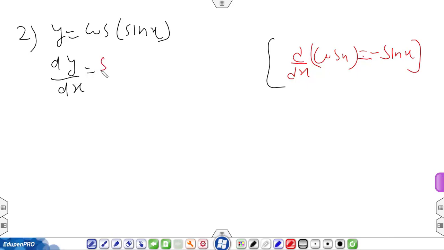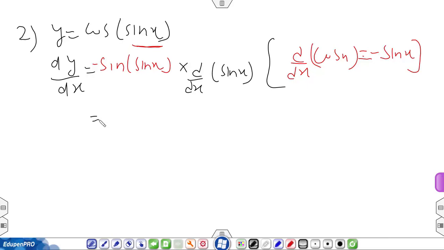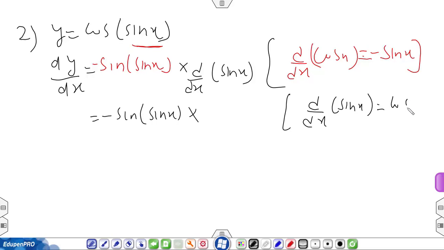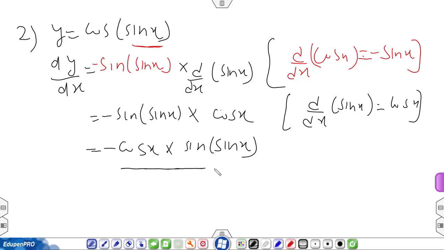Cos x becomes minus sin of sin x, into the derivative of the bracket. And what is written? Sin x. Again we know the derivative of sin x is cos x, so this is cos x. So your answer comes out as minus cos x into sin of sin x.